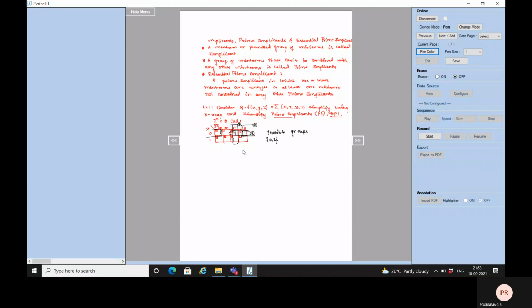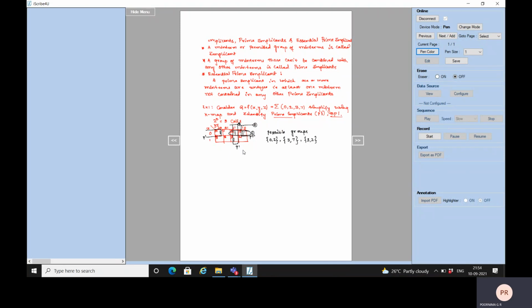Similarly, we are able to combine 3 and 7, as well as 3 and 2. These are the 3 possible groupings we have done. Here, each group is called a prime implicant because possible minterm groupings represent the prime implicants. So this is PI, this is also PI, and this is also PI. All are prime implicants, from which we have to identify the essential prime implicant.